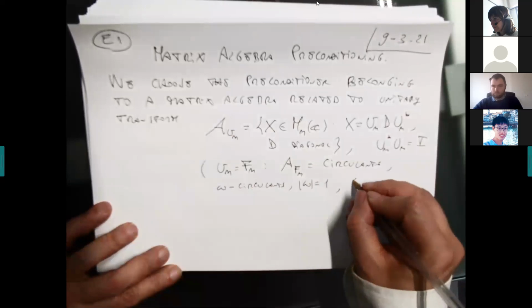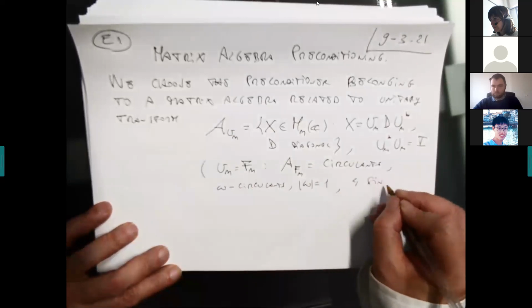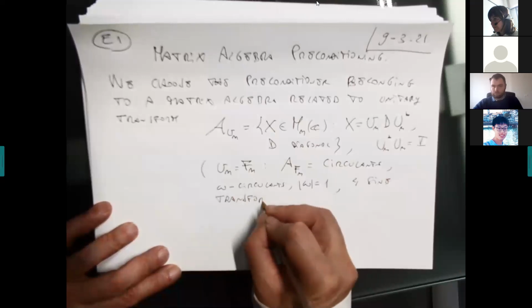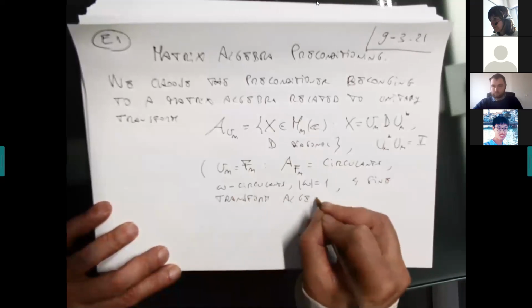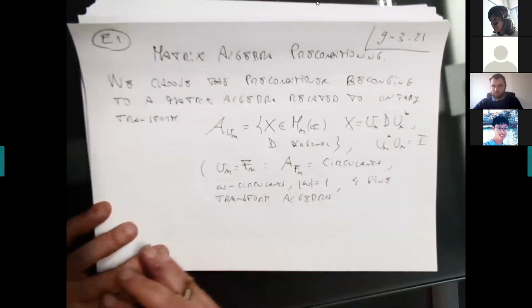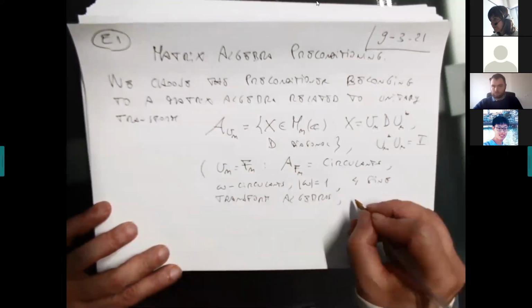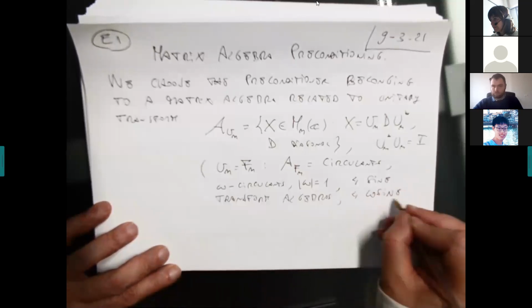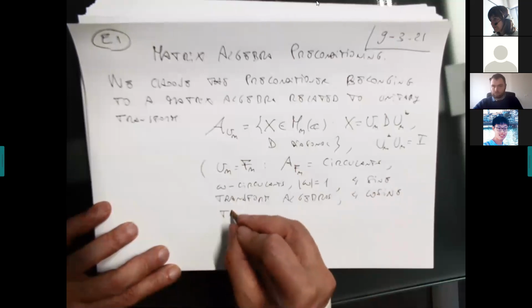Then there are at least 4 sine transform algebras, and these are used in PDEs, but also in signal and image processing, and the same for the most known, which are the 4 cosine transform algebras.